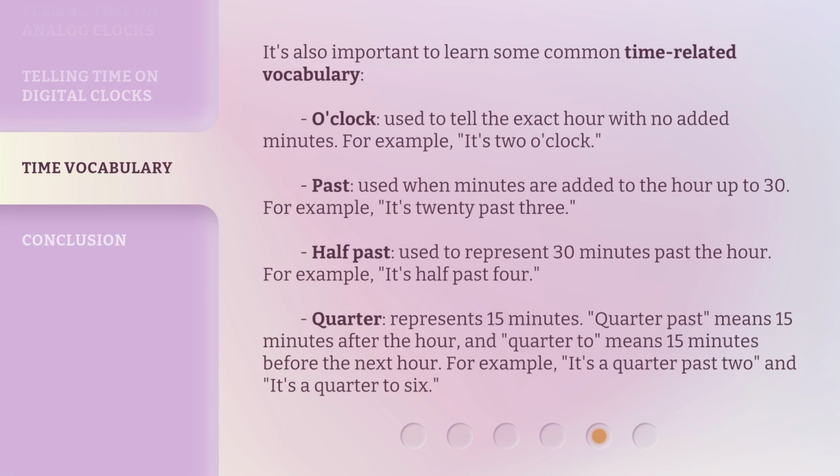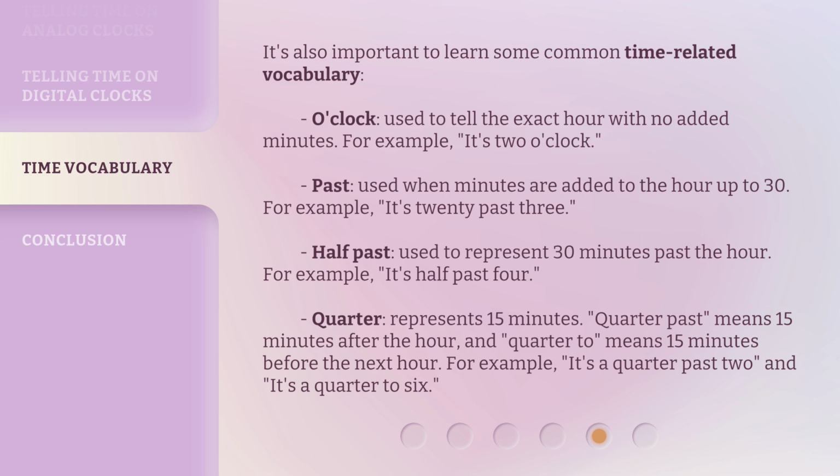It's also important to learn some common time-related vocabulary. O'clock, used to tell the exact hour with no added minutes. For example, it's 2 o'clock. Past, used when minutes are added to the hour up to 30. For example, it's 3:20. Half past, used to represent 30 minutes past the hour.